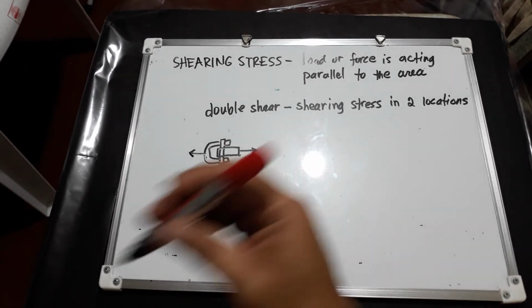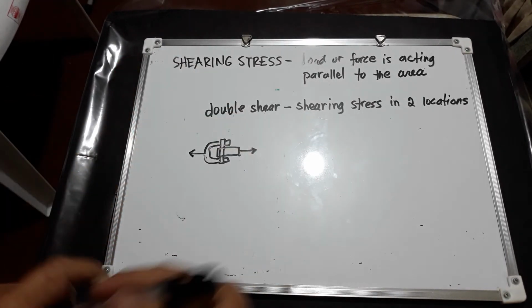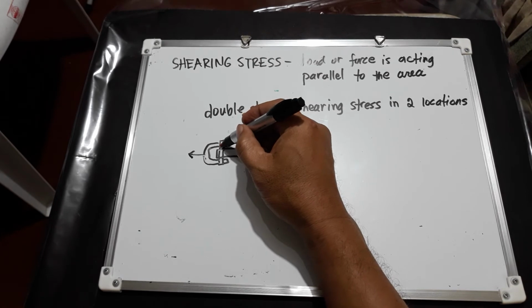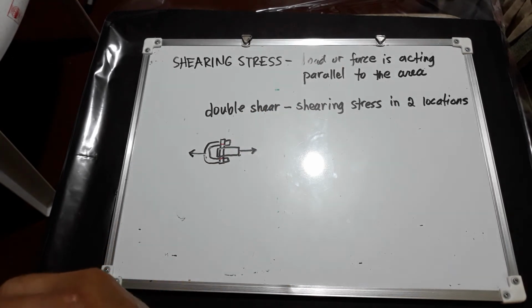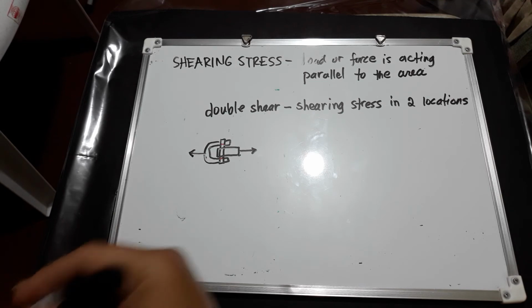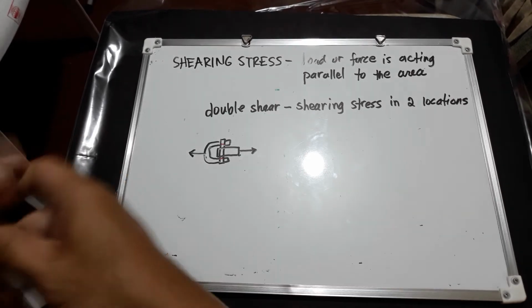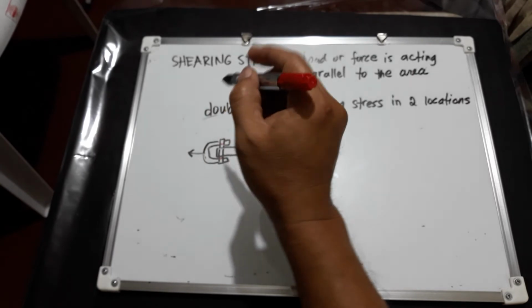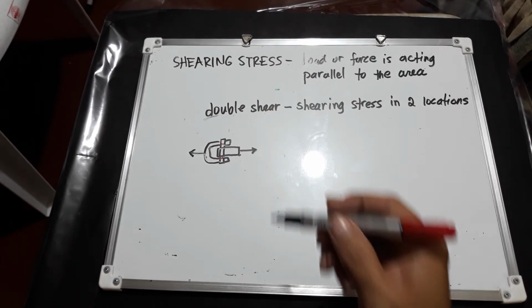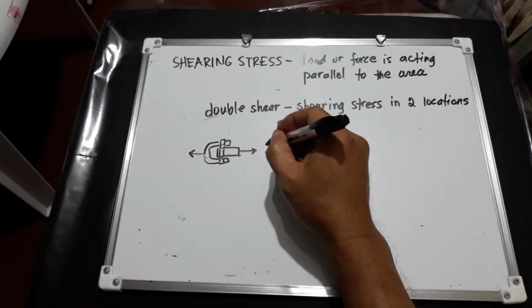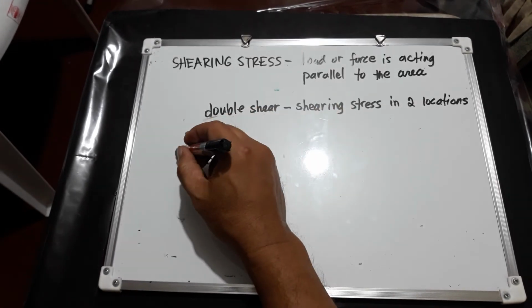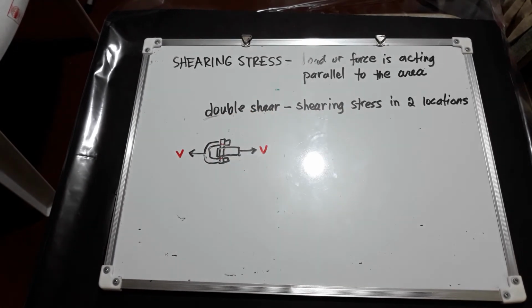So it means that this bolt will be cut into two locations. So this is what we call a double shear, because there are two locations of cut. So we can call this one as the V, or the shear load.